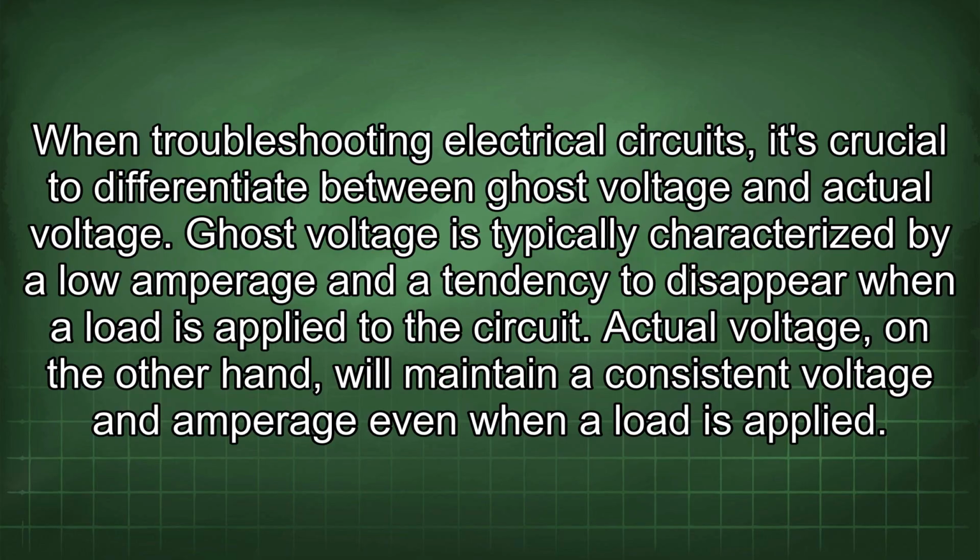When troubleshooting electrical circuits, it's crucial to differentiate between ghost voltage and actual voltage. Ghost voltage is typically characterized by a low amperage and a tendency to disappear when a load is applied to the circuit. Actual voltage, on the other hand, will maintain a consistent voltage and amperage even when a load is applied.